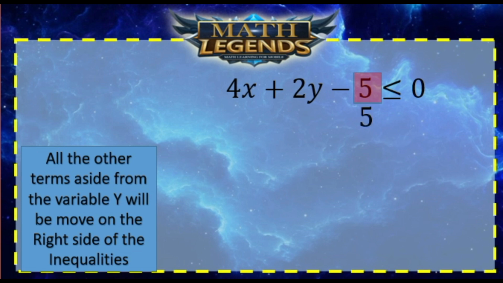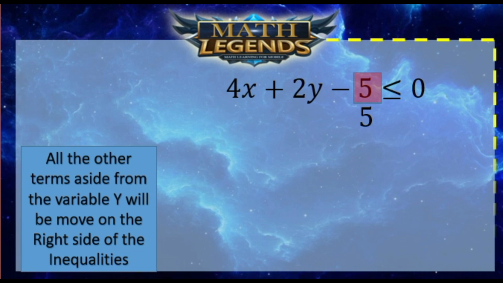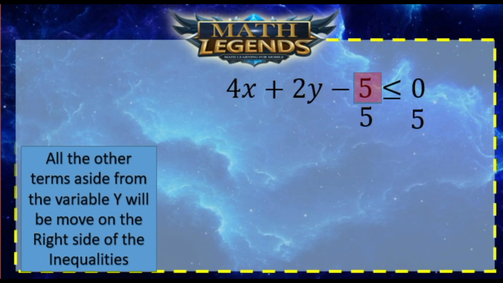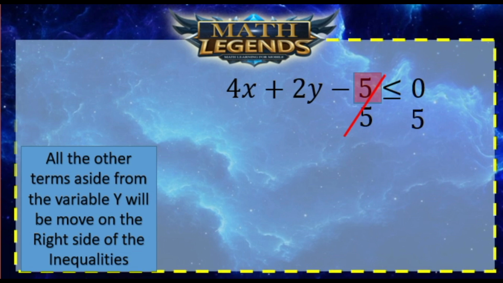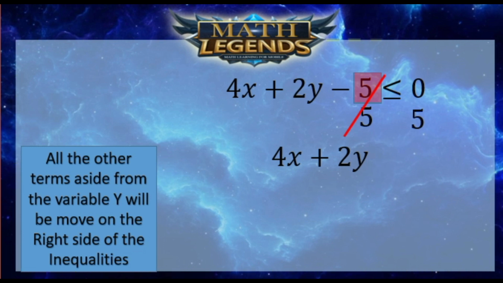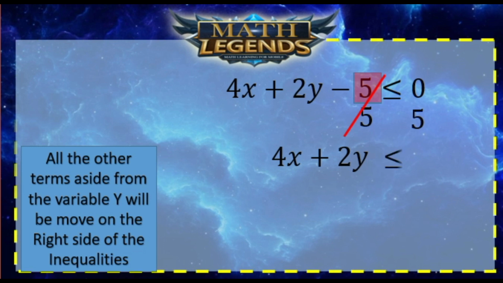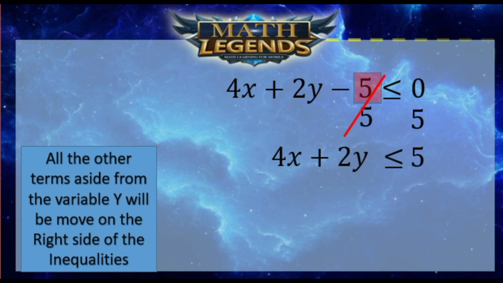And if we add positive 5 on the left side, we're going to add positive 5 on the right side. So here, let us simplify. Negative 5 and 5 will become 0. So therefore, we have on the left side 4x plus 2y less than or equal to 0 plus 5. The answer is 5.